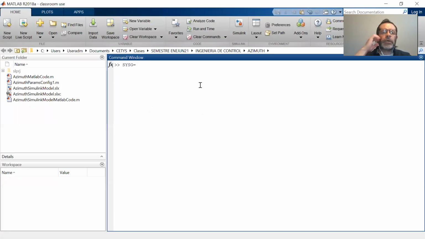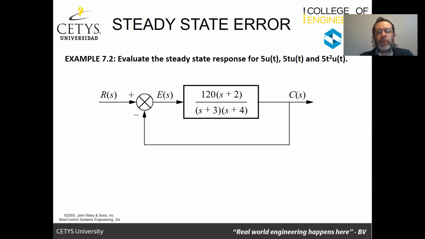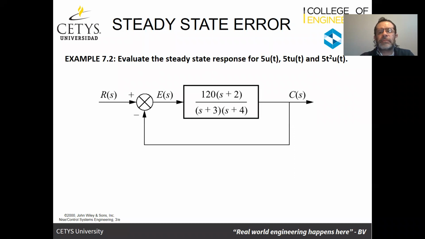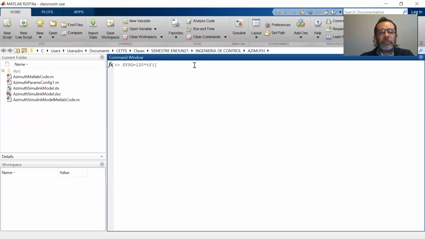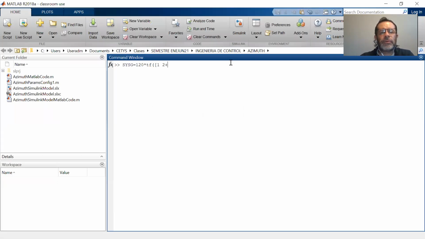Okay, so sysG is going to be the transfer function of, we've got 120 times s plus 2. So this is equal to 120, and the first polynomial here is s plus 2, which is [1 2].